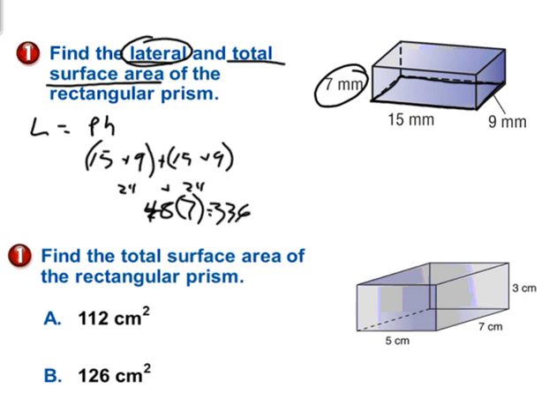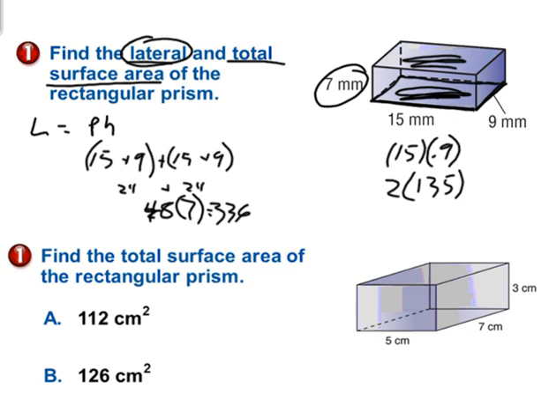Now I'm going to find the area of the base. The area of the bottom would be the length times the width, so it's 15 times 9, which is 135. But don't forget you've got the bottom and you've got the top, so I've got to take 135 times 2, which is 270.